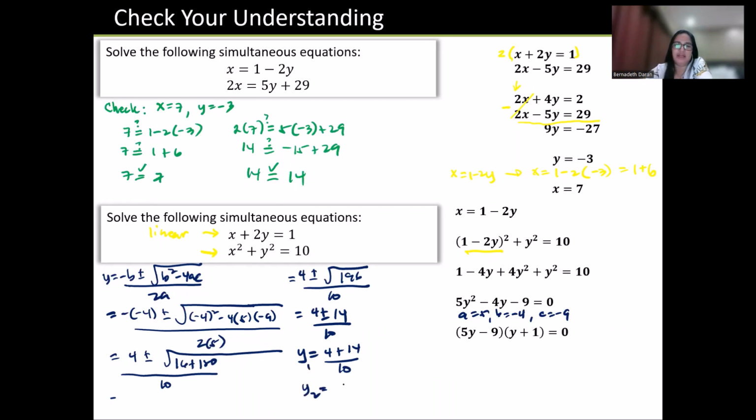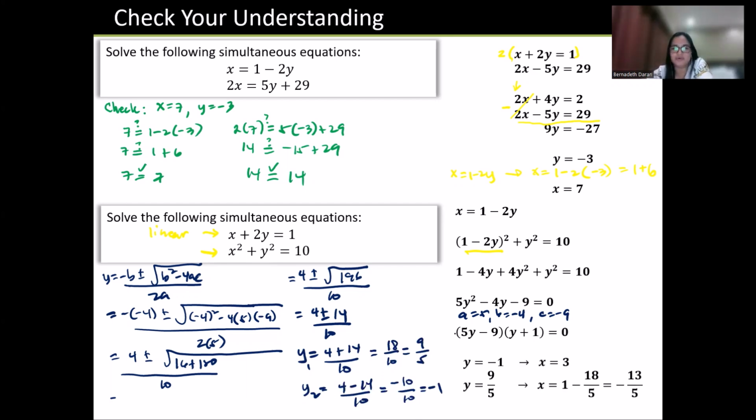And the second possible value would be 4 minus 14 over 10. 4 plus 14 over 10 is 18 over 10, or that is 9 over 5. 4 minus 14 over 10 is negative 10 over 10, or that is equal to negative 1. Okay, so we now have two values for y.